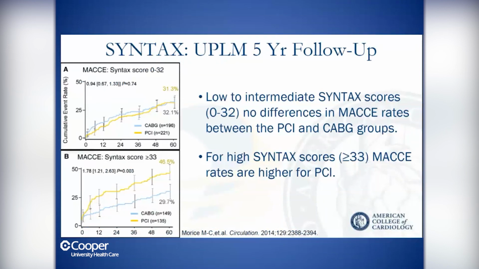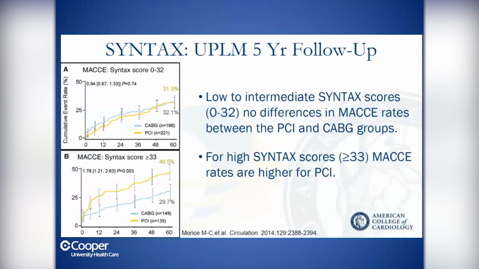The SYNTAX trial has proven over years and years to be a very, very helpful trial for all our decision making. A simple anatomic classification of the patient's disease will show you this is the overall cohort of the patients. A low SYNTAX score is 0 to 22, medium is 22 to 32, and the high score is over 32.